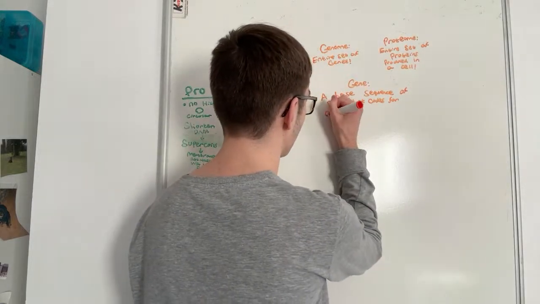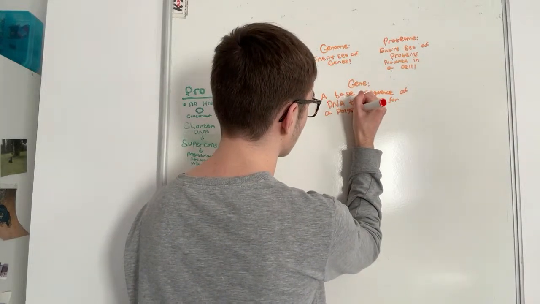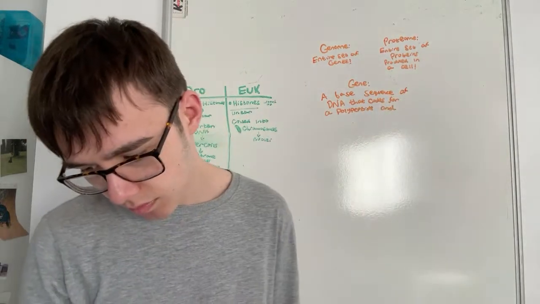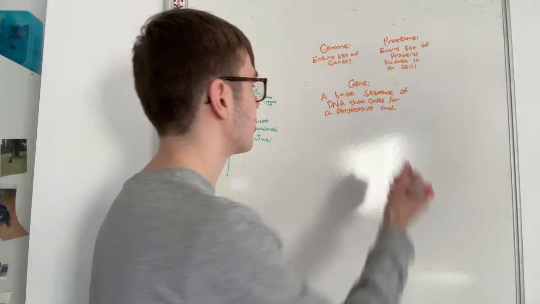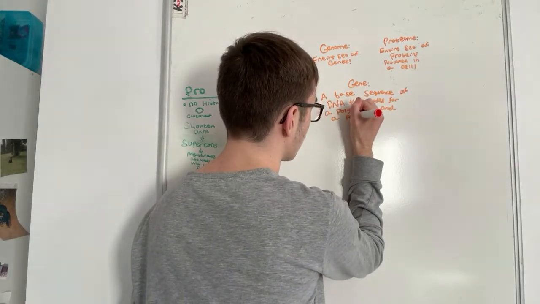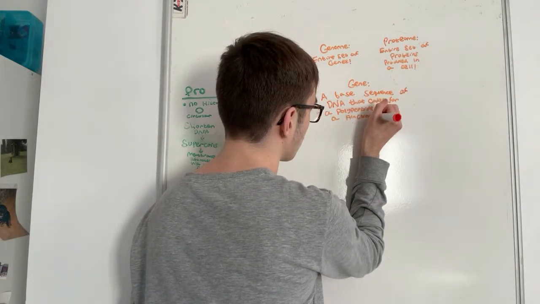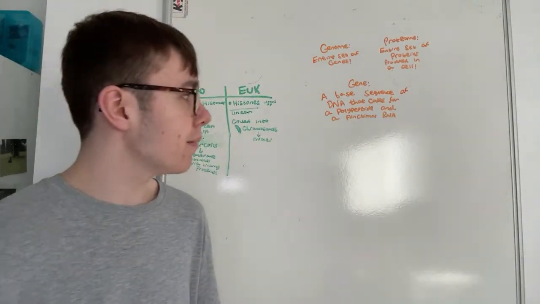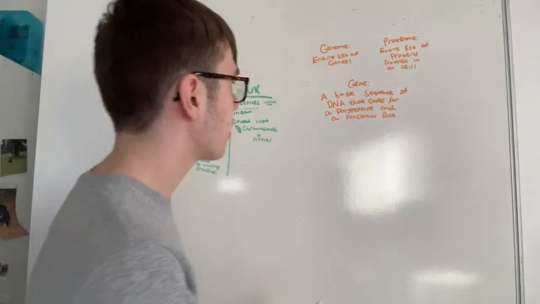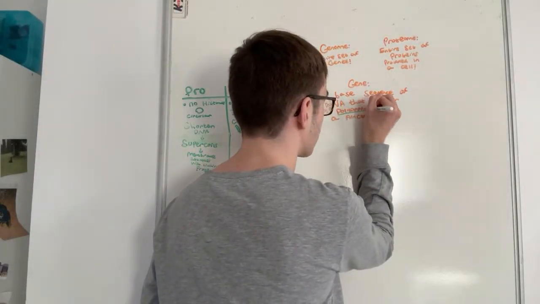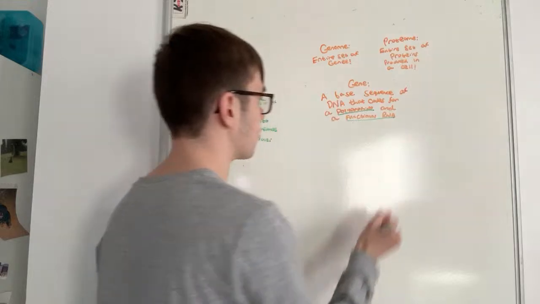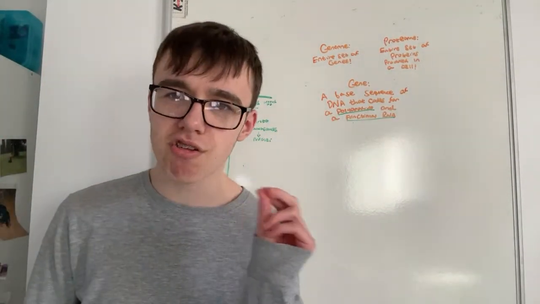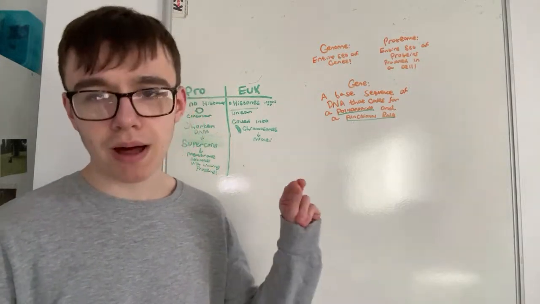So that codes for a polypeptide. And a functional RNA. So two things that it codes for: the polypeptide and a functional RNA. So I'm going to underline those. That is okay. I would argue that's okay. It's just a little part of a gene.